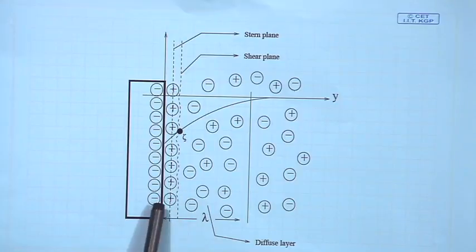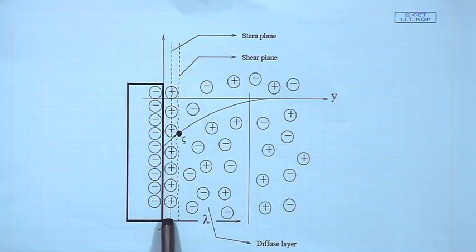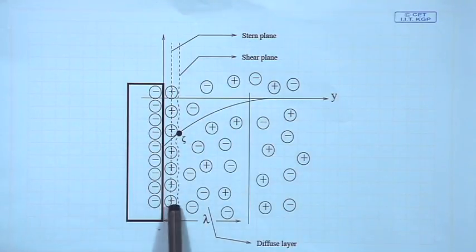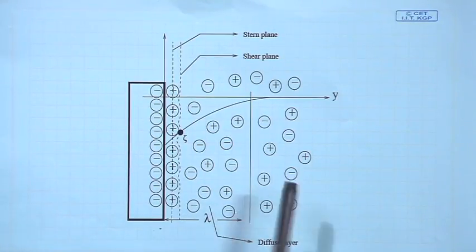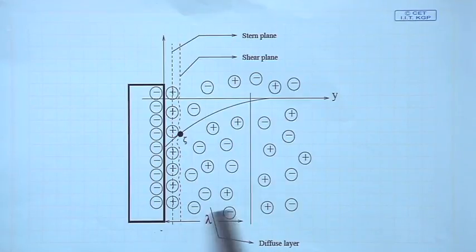One, very close to the surface, is referred to as the Stern layer, and its dimension is of molecular size, a few Angstroms. Above it is another layer, the diffuse layer, where the ions are loosely attracted, loosely connected.